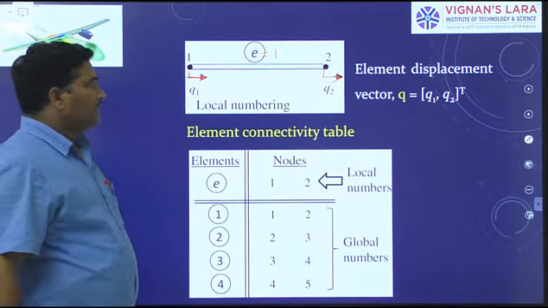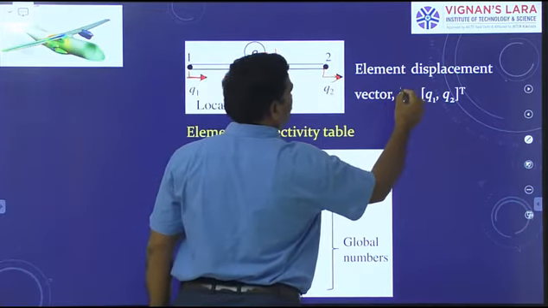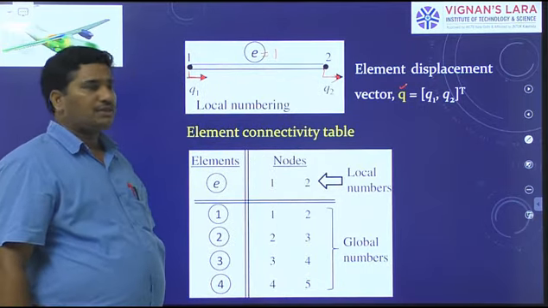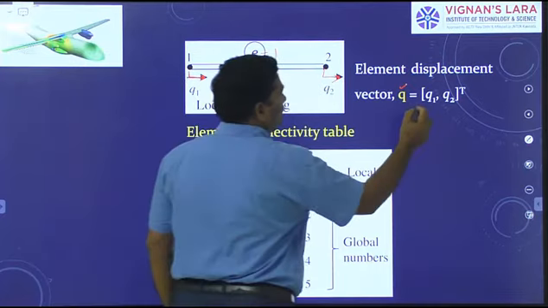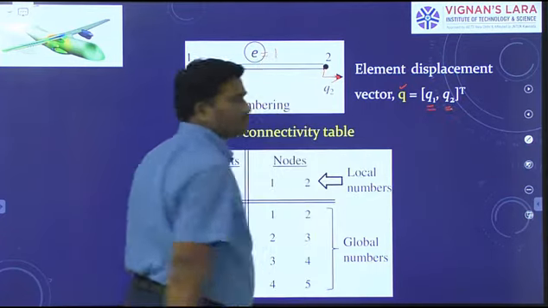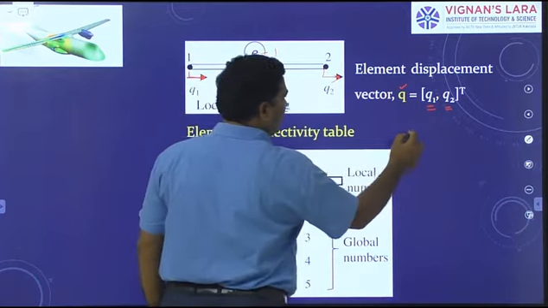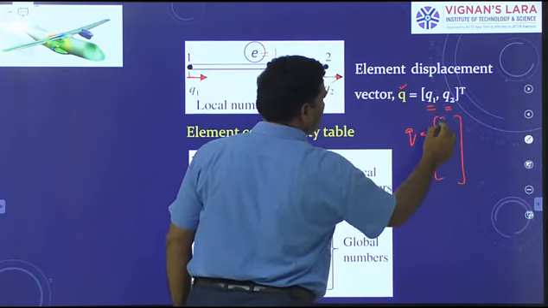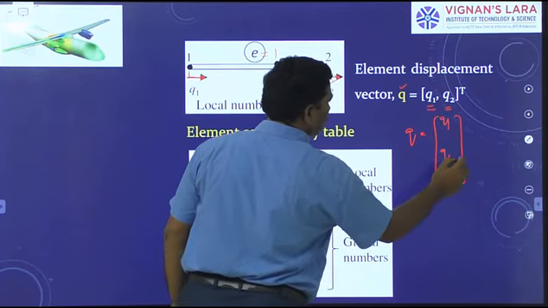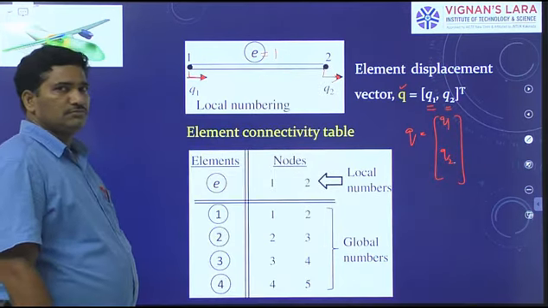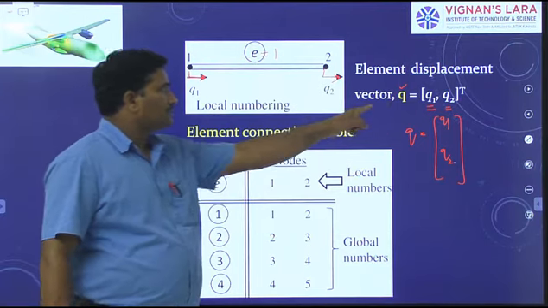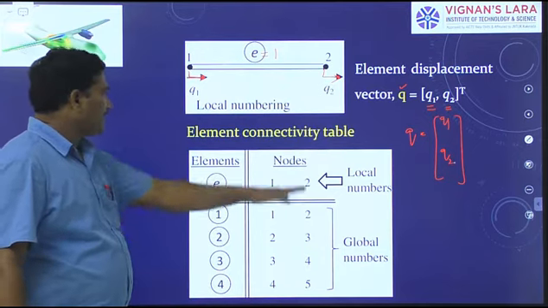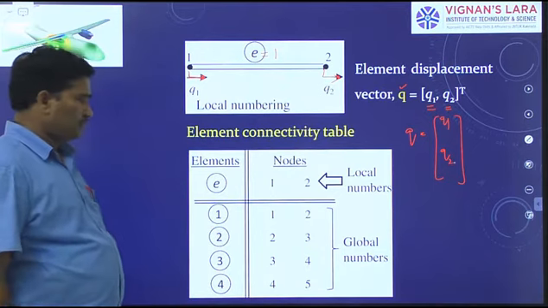Then the element displacement vector q you can define as a column matrix with q1 and q2 as the elements. Therefore, q is a column matrix having the elements q1 and q2. We name it the element displacement vector.